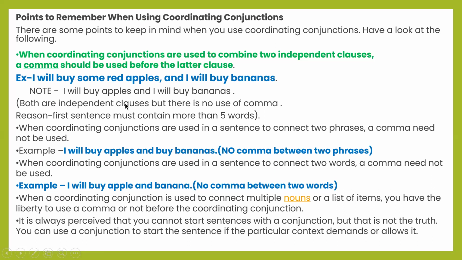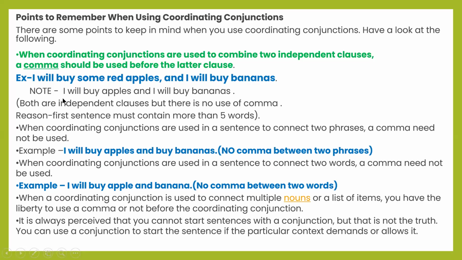In this case, we will not use a comma. What is the reason? Because in the first sentence the words are four. The words should always be more than five, then we will use the comma. If it is an independent clause and the first sentence has up to five words, we do not use the comma. It's a very important point.